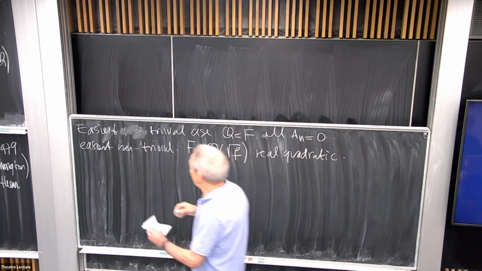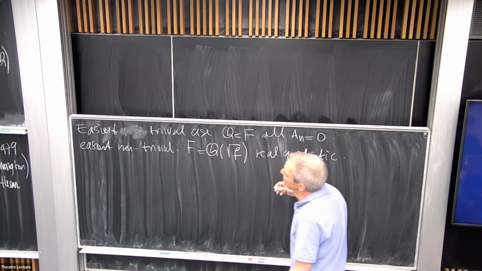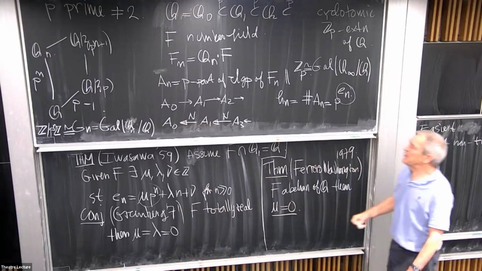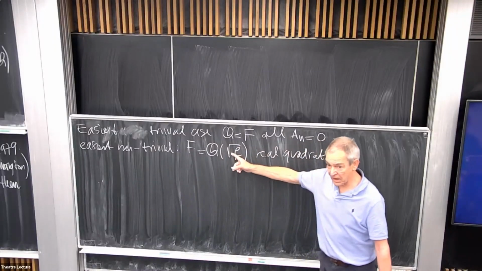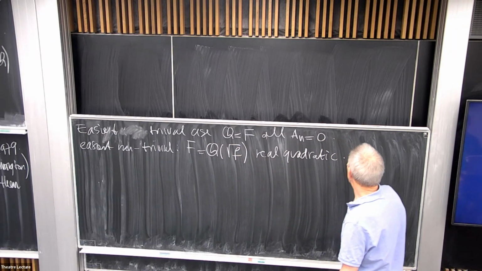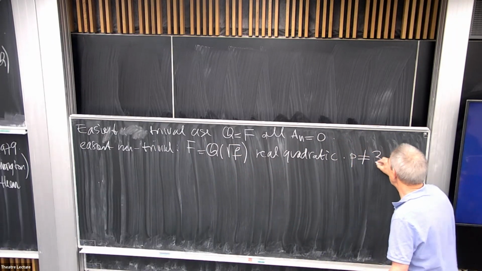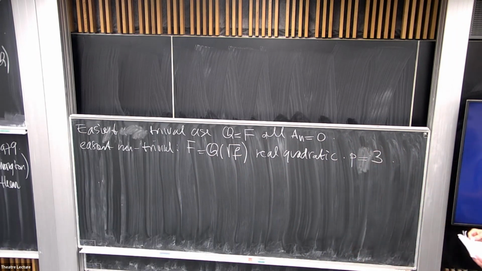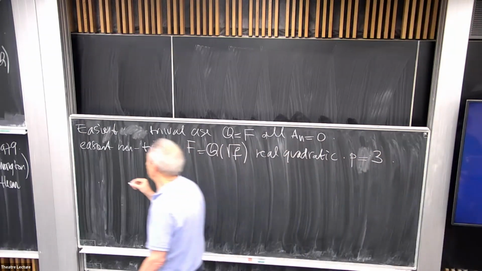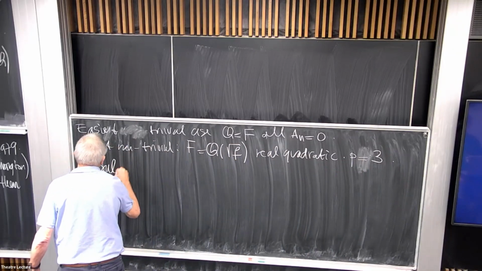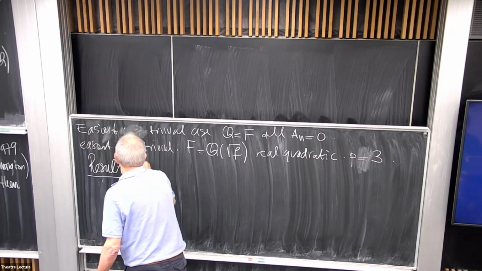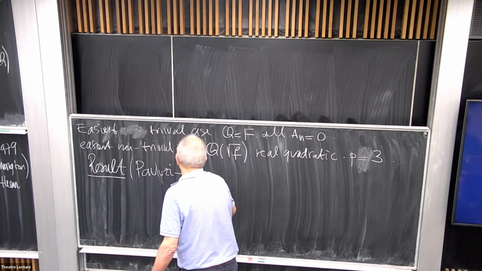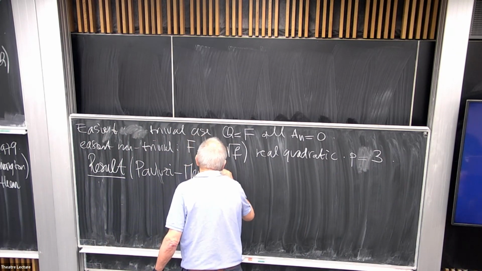And the prime is 2. The mathematics of the case that p is 2 is a little bit different, because 2 divides the degree of the Galois group of this field over Q. So I prefer the next one, p is 3. I will take p is 3. The result I want to explain, and the questions we have about it, was obtained first by Paolucci several years ago and recently by Pietro Mercuri.